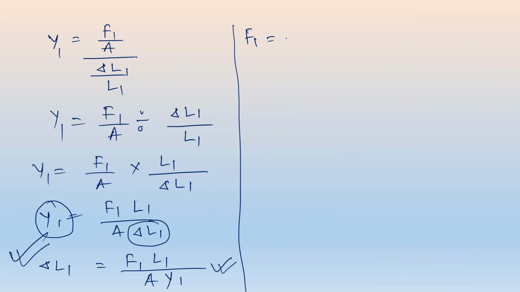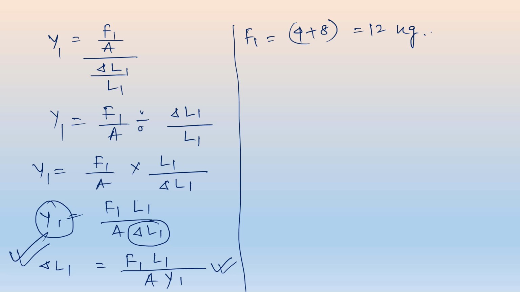So in this case, what will be the value of the force? That is equal to 4 plus 8, that is 12 kg. It is actually the mass. Now it should be multiplied with 9.8 to get the force in Newton.